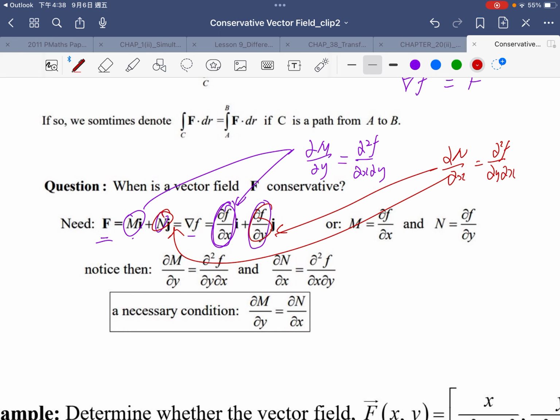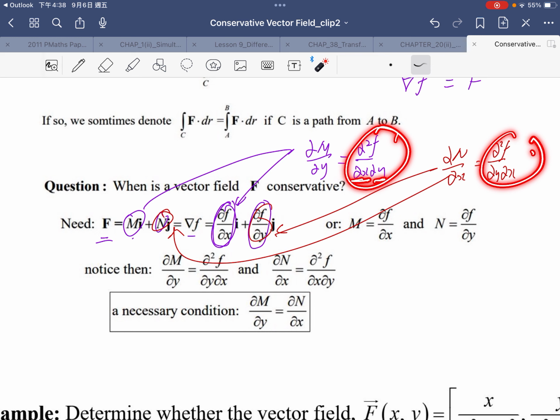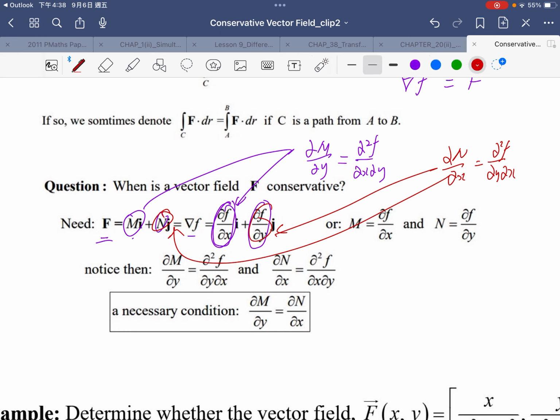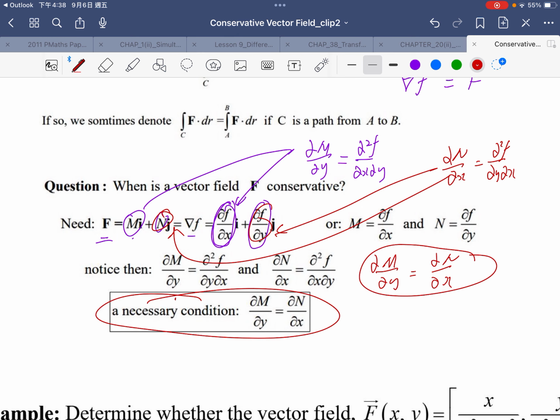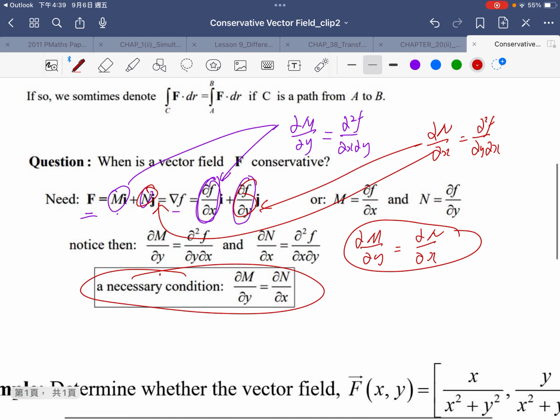If f has continuous second derivatives, then these two terms should be equal. Therefore, the necessary condition for F to be conservative is ∂M/∂y equal to ∂N/∂x. This is the necessary condition for a vector field to be conservative.